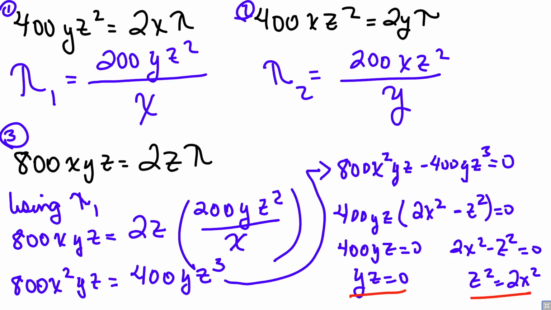So what we're going to do now is take a look at each of these conditions that come out from lambda 1. If y times z is equal to 0, the easiest way we can look at this is by just saying that both y and z are 0. So if we let y and z equal 0, what we need to do is find x.